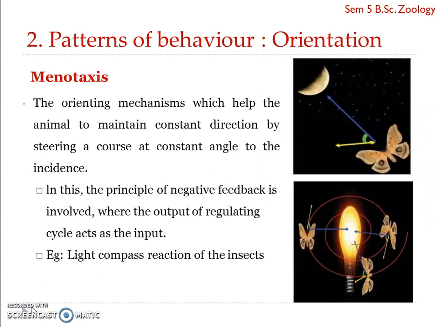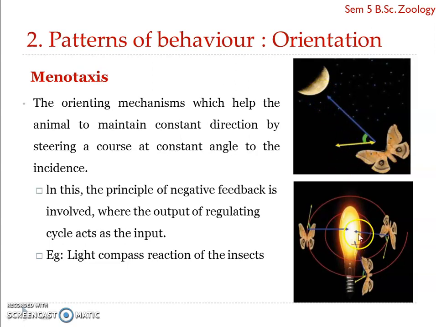Another type of taxic movement is menotaxis. It is considered to be a light compass response, and here the orientation towards the source of the stimulus occurs at a definite angle to the direction of the stimulus. And here you can see the moths are actually nocturnal, and you can see it moves while keeping an angle with respect to the light source, that is the moon.